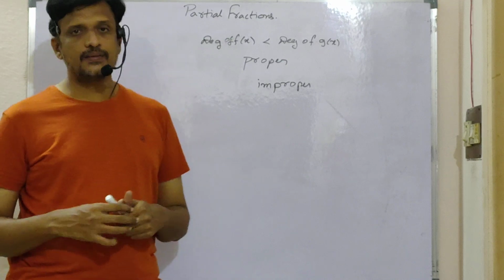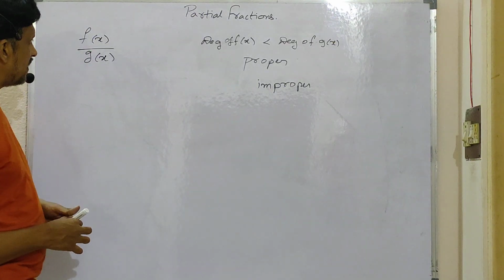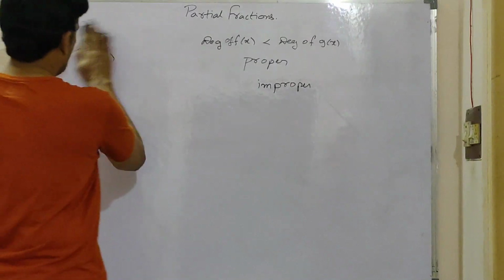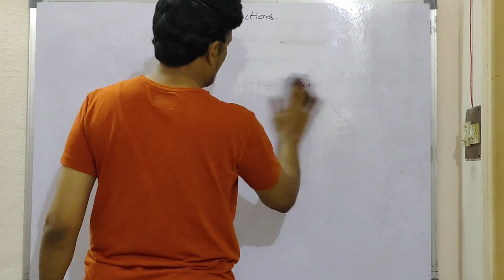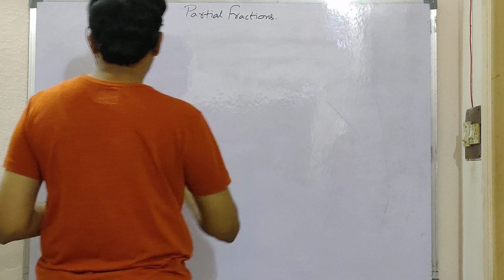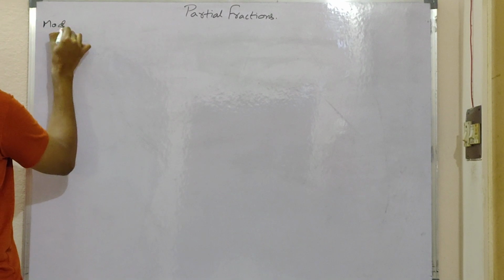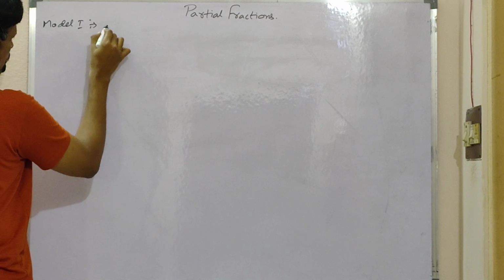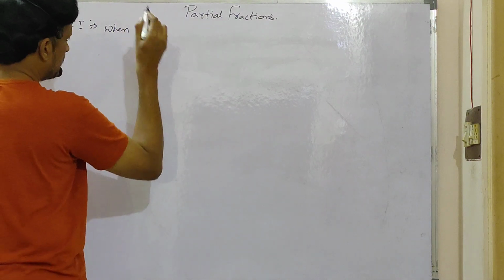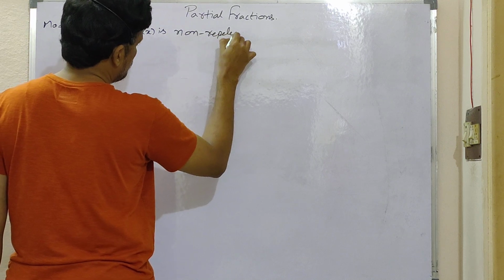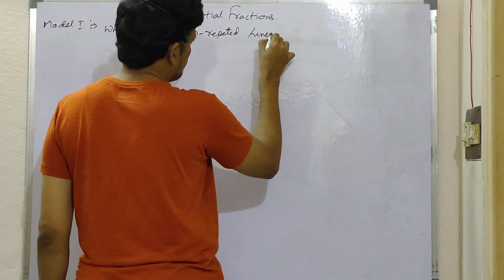Now the first model is when g of x, the denominator, is a non-repeated linear factor.